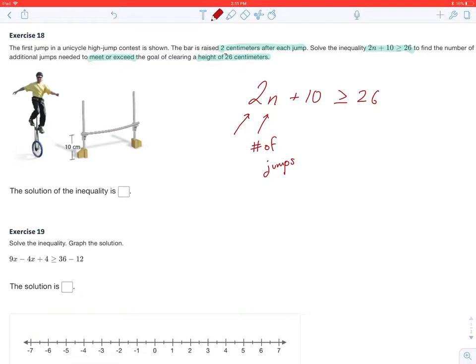We're going to keep adding 2 every time we take a jump, anytime we add multiple times. So 2 plus 2 plus 2 plus 2. A simpler way of doing that is to just multiply. And so it's being multiplied by 2. The number of jumps is being multiplied by the 2 centimeters raised after each jump.